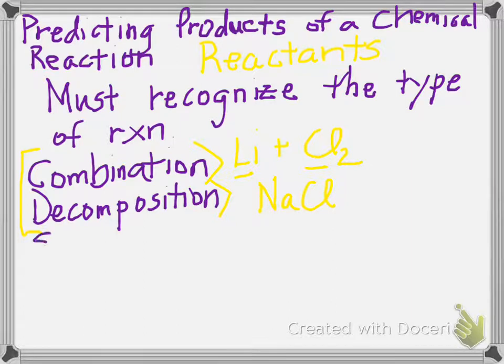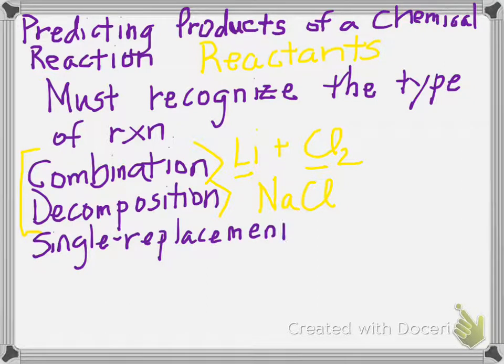The next kind of reaction that we talked about was our single replacement reactions. Again, how are we going to recognize that we have a single replacement reaction? Remember, in a single replacement reaction, we have two reactants, always an element and a compound.